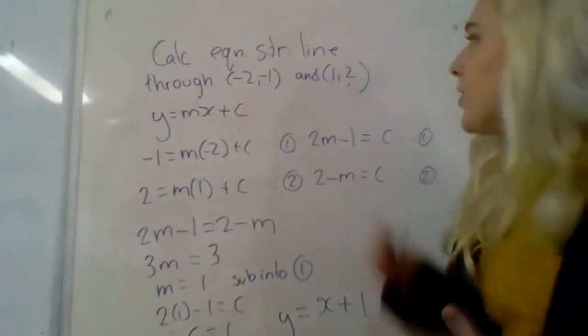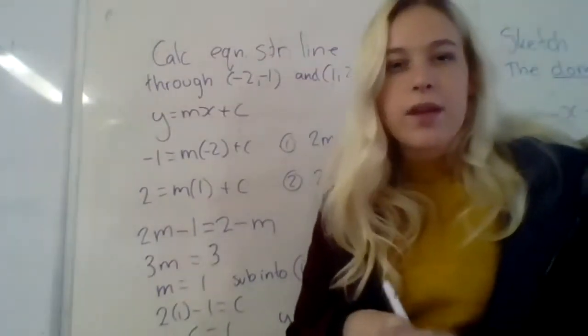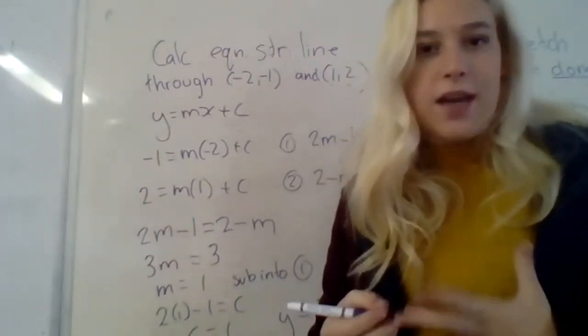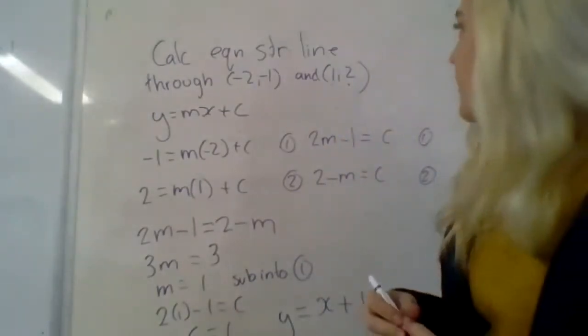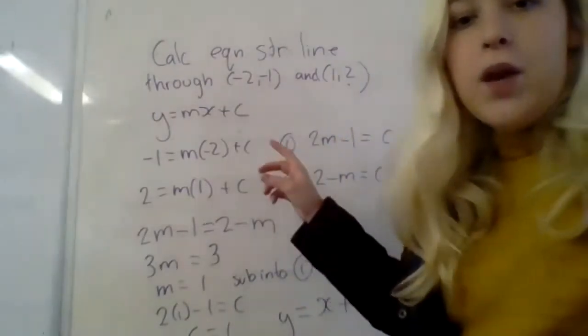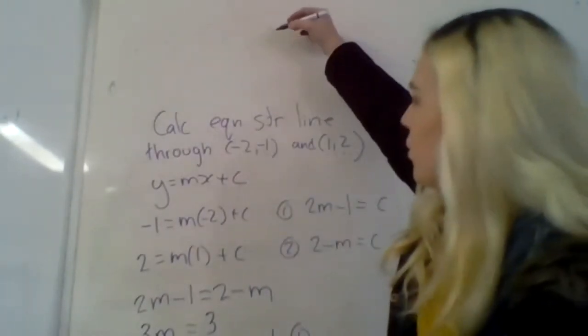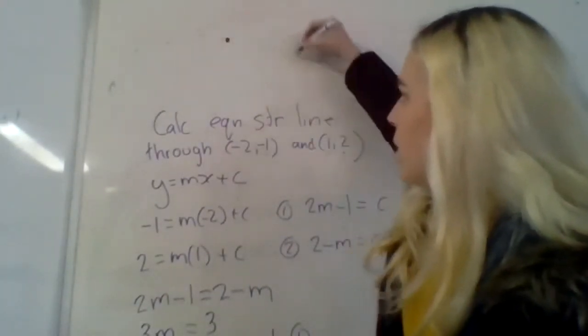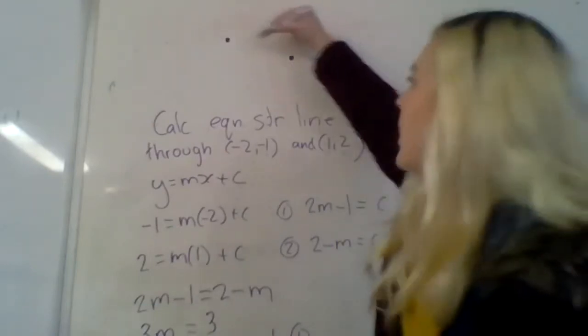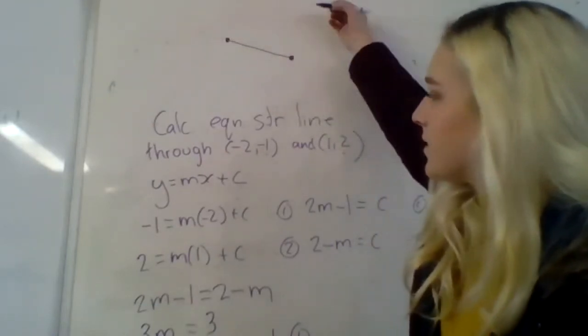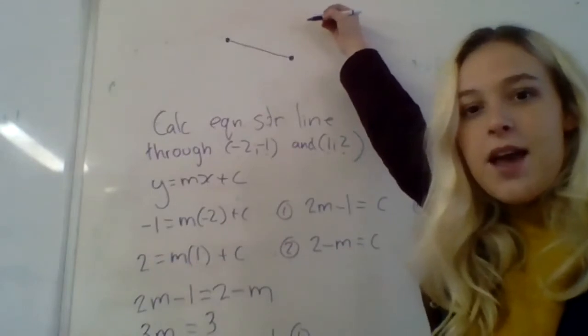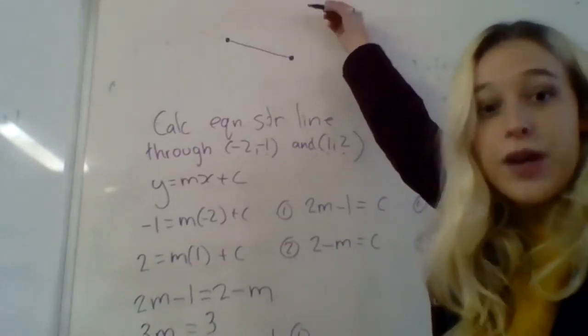If we think about this for a couple of minutes, we can think of a few other ways we could have figured this out. Because we were given 2 points originally, they would have to be connected together, and those 2 points would therefore have a gradient.